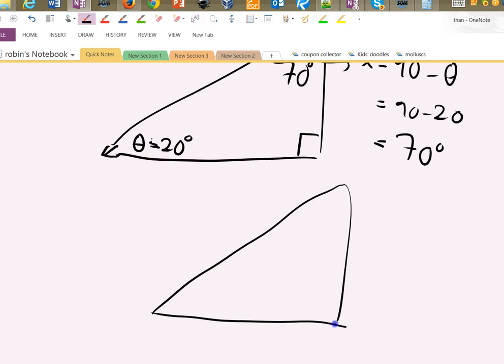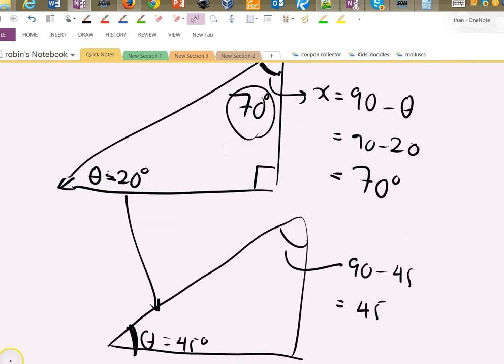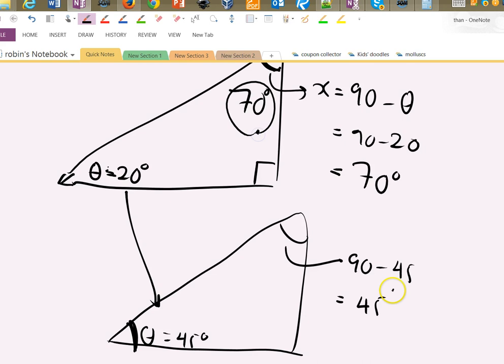Let's try making theta a bit bigger. Let's make it 45 degrees. It's not a perfect diagram, is it? But this one here is going to be 90 minus 45, which equals 45. So you can see that as this angle gets bigger, it's gone from 20 to 45, this one's got smaller. It's gone from 70 down to 45.